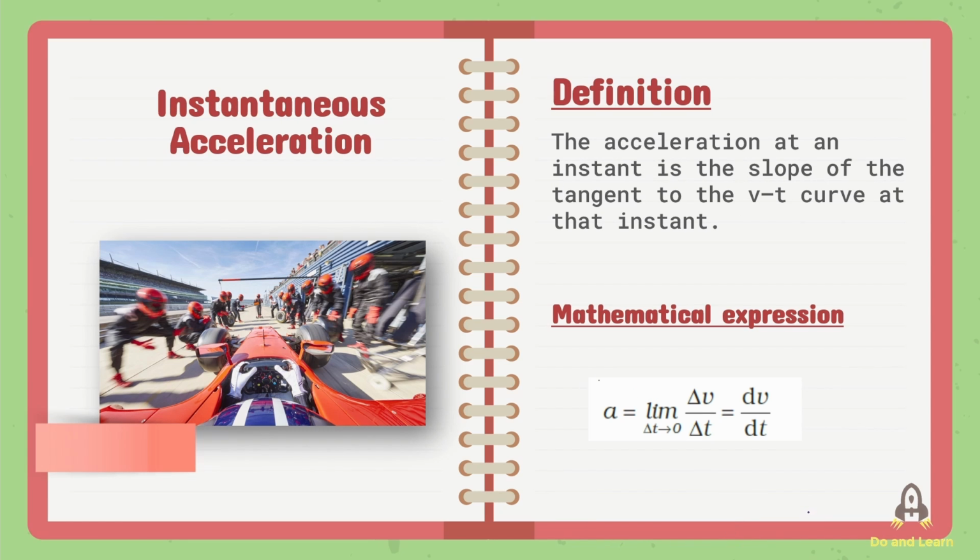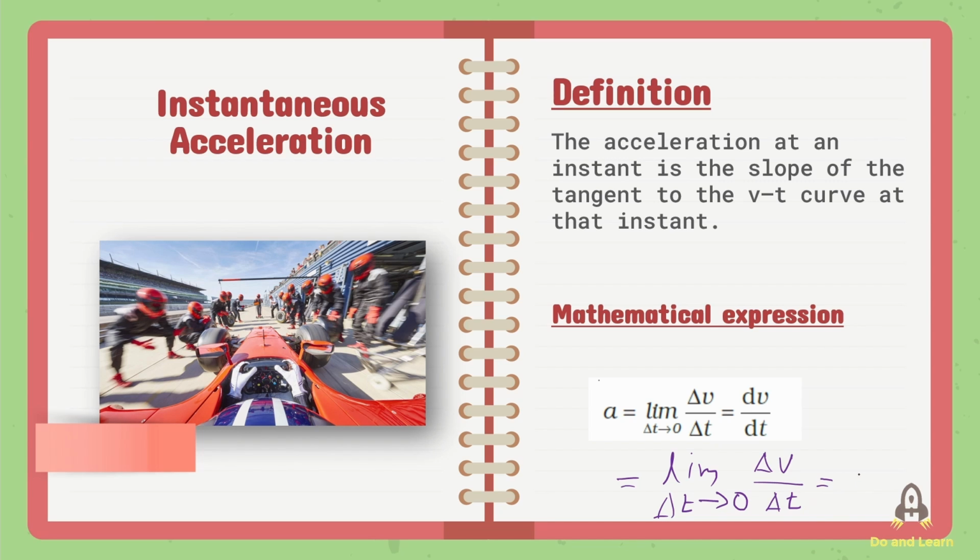So what is instantaneous acceleration? Very simple, same as with velocity. Instantaneous acceleration means the acceleration at an instant. We consider the acceleration of an object in a small time interval. We limit delta t tends to 0, meaning the time is limited to near 0, and we calculate the change in velocity divided by the change in time.